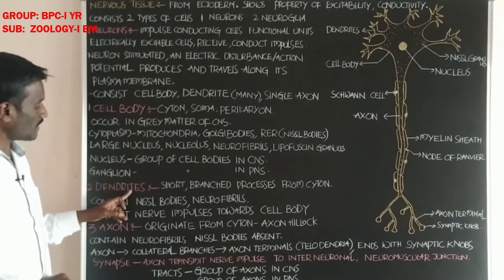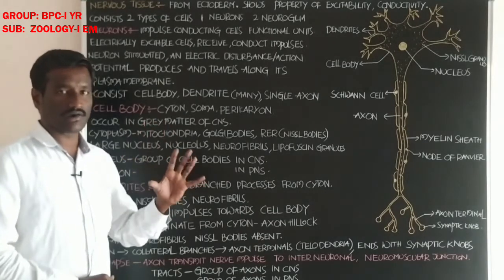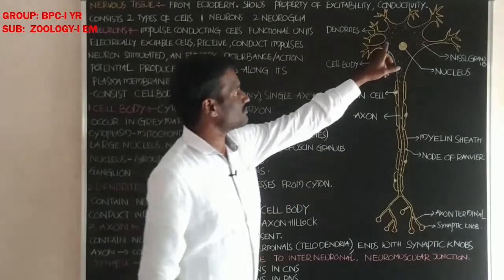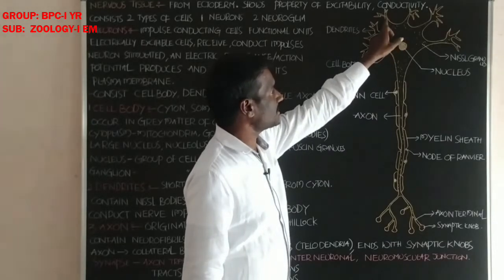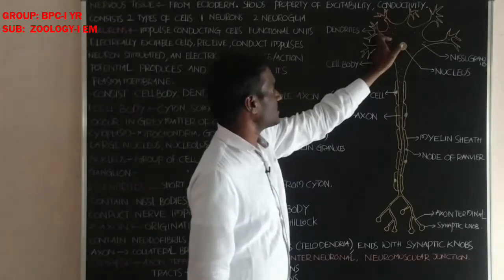Next, students, what about the dendrites? Dendrites are short, fine, branched processes from the cyton. From the cyton, fine short branches arise. These are called dendrites, students.